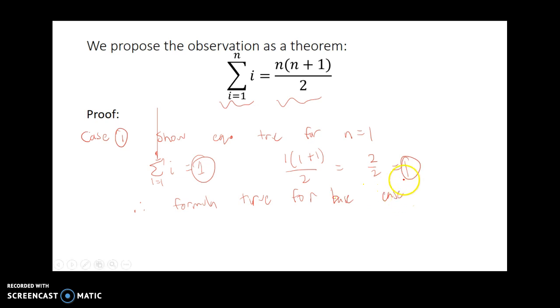Alright, the next thing I'm going to do is lead myself up to the inductive step. I don't want to keep trying this over and over again for different cases because I'm wasting my time. I don't know that it's going to actually work all the way up to the infinitude of all possible numbers. So I'm going to assume formula holds for n equals k.